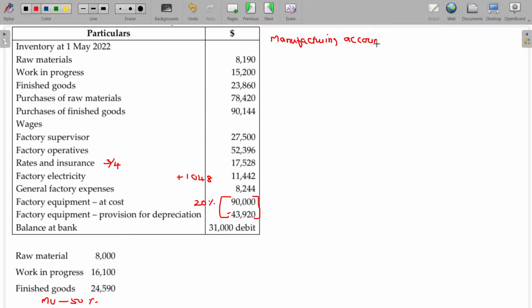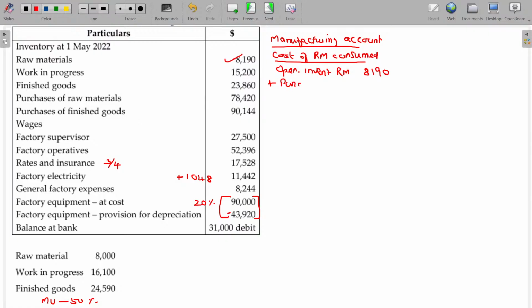Manufacturing account. Under that, cost of raw material consumed. Under that, opening inventory of raw material 8190.